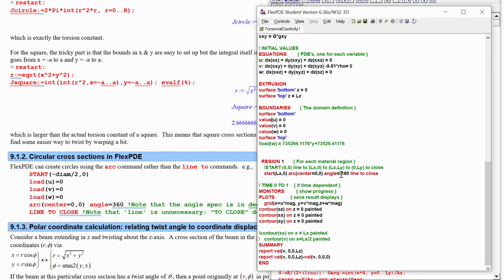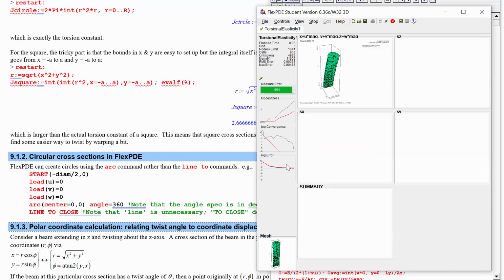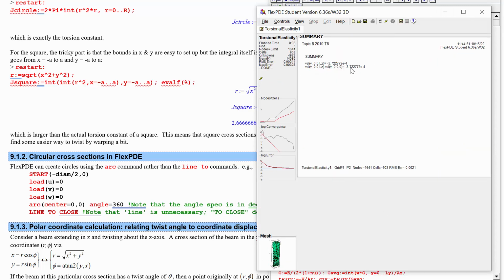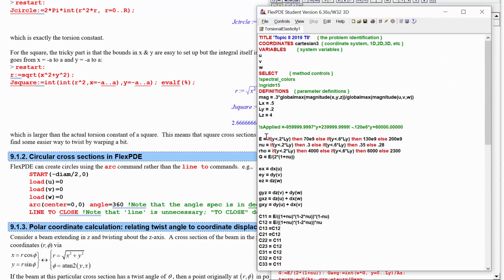1.02. And what if we took this positive arc again? 3.7 E minus 4. That's so much of a difference that it doesn't make sense. And the reason is because in this problem we had different material parameters and density depending on if Y was larger or smaller than Ly by 2.